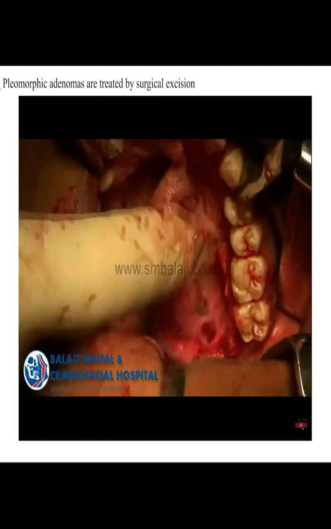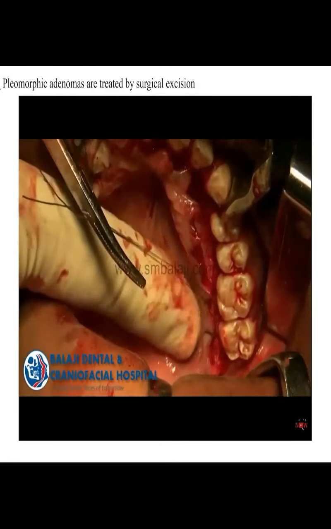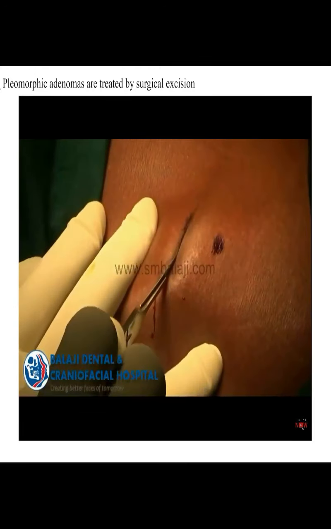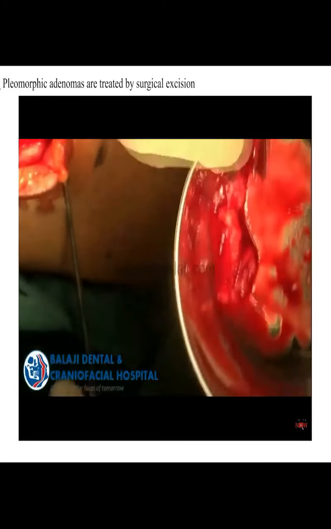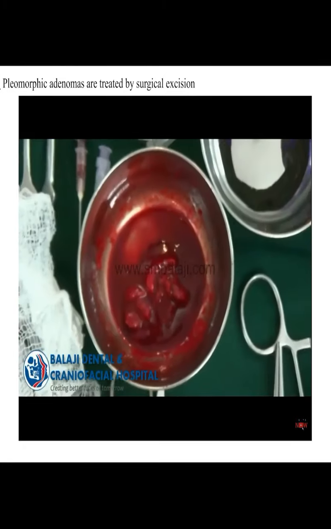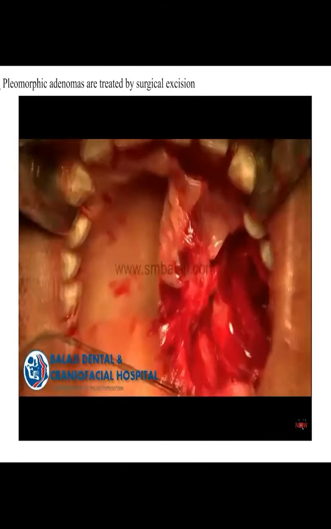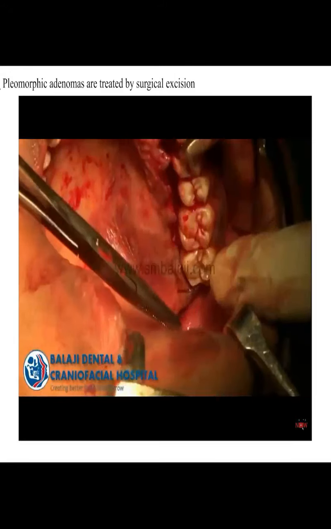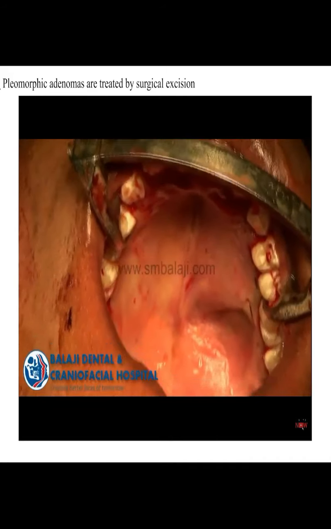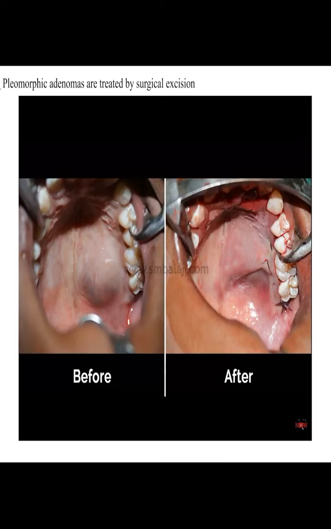Surgical enucleation of the site and palpation of the site, and afterwards, suturing of the remaining mucosa. This is the extraoral approach. This is the remaining cyst, which is removed, and the preserved biopsies from the surgery will be sent to the labs for further investigations.